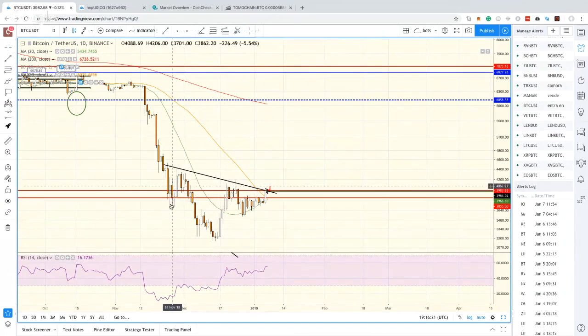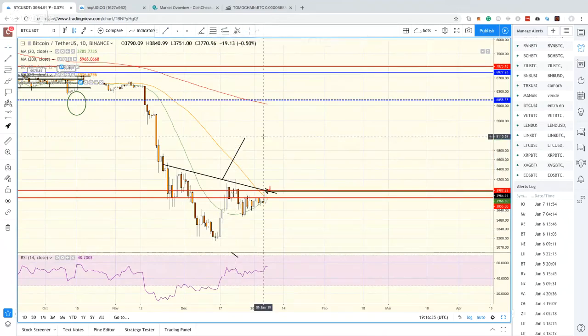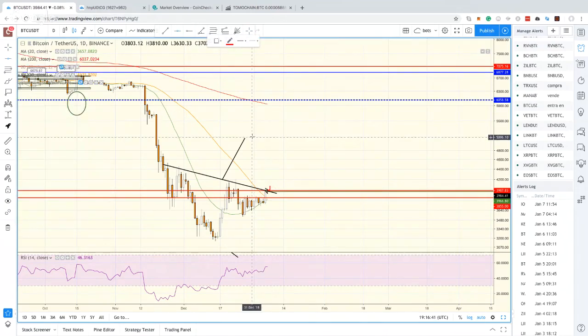So here it is. This is the left shoulder. This is the right shoulder. This is the head. How do you measure it? You draw a line from the head to the shoulder, and then you overextend it above the neck here. So this goes to 5,100.